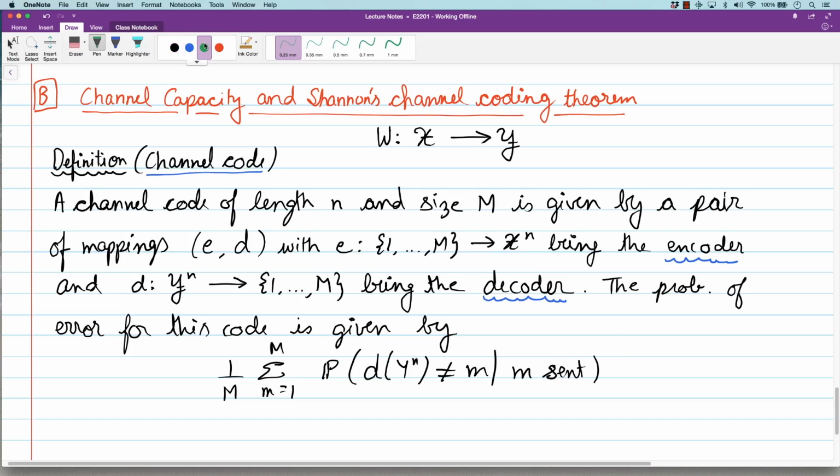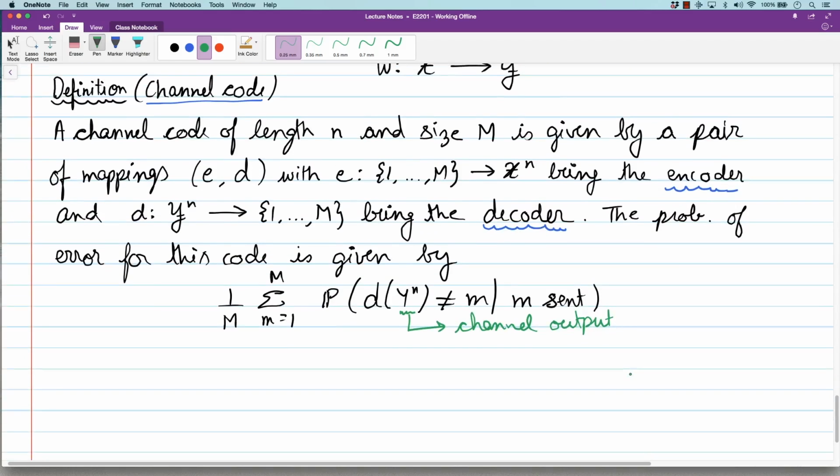So this Y^n is the channel output. We can expand this expression further.